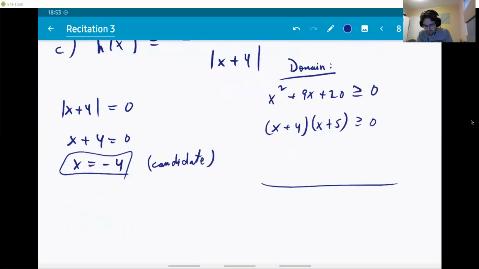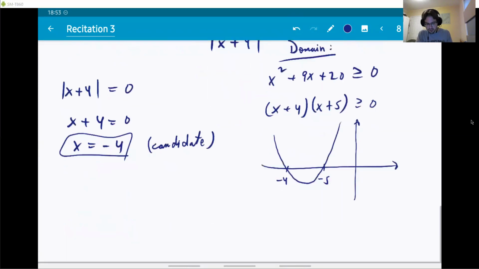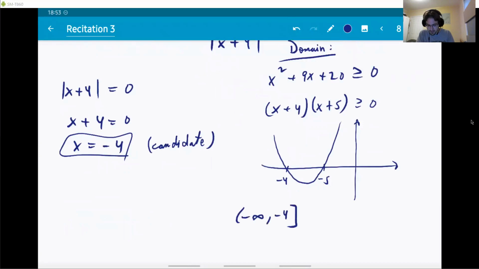If you, for example, try to graph this parabola, between minus 4 and minus 5 it will be negative. So that means the domain of the function under the square root, the places where this is larger than or equal to 0, is between negative infinity and minus 5, or between minus 4 and plus infinity.